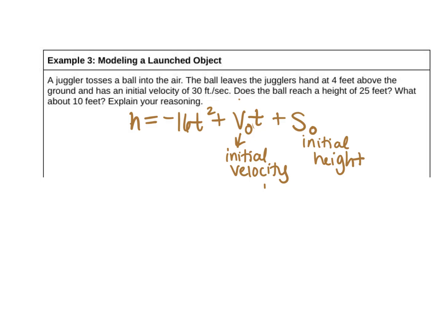Okay. So this is another, we've done several examples of these guys, and guys, I'm not gonna lie, they're pretty much all the same. Sometimes they give you this formula, sometimes they want you to put it together, but it's just a physicsy formula that applies quadratics. So a juggler tosses a ball in the air.